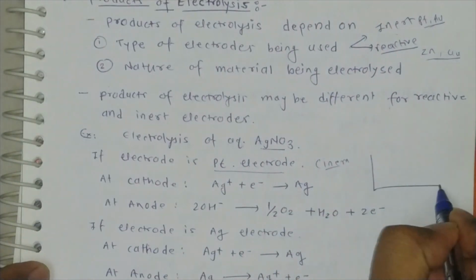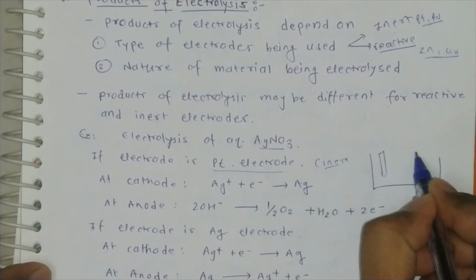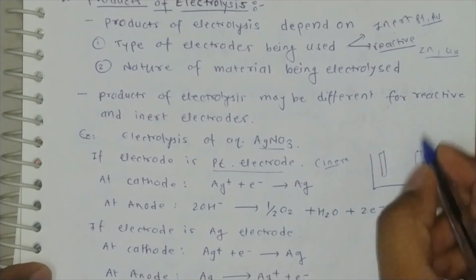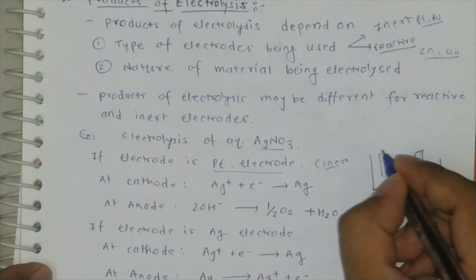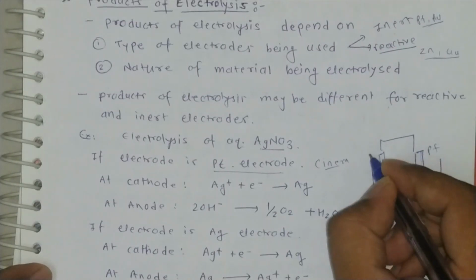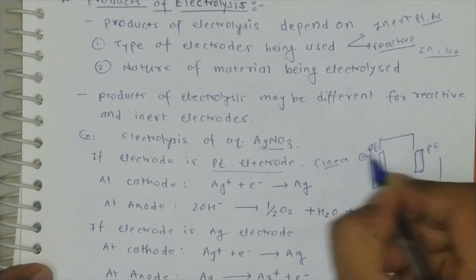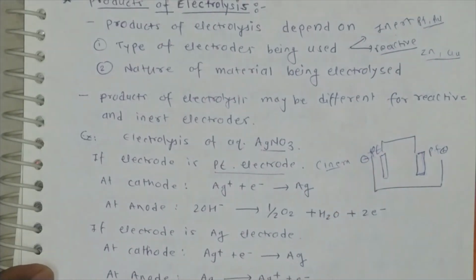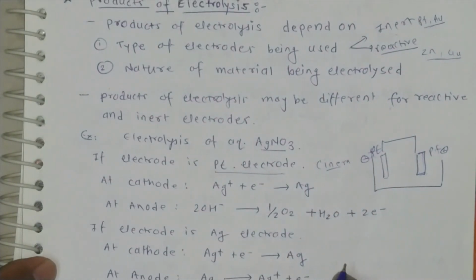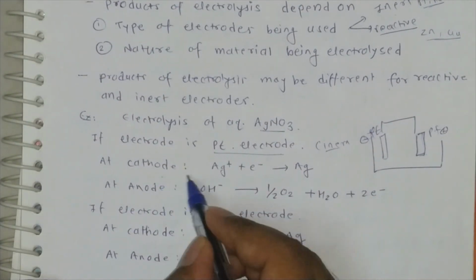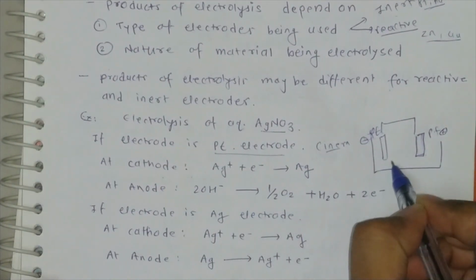So consider like this, we have these two electrodes, and both these electrodes are platinum electrodes. One of the electrodes will act as a cathode, another one will act as an anode, right? Now what happens at the cathode and anode? At the cathode, what will happen?